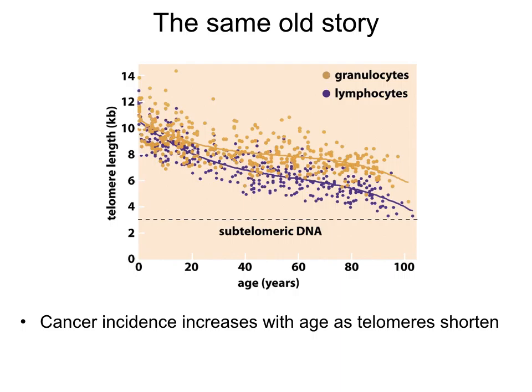So the shortening of the telomeres is our built-in proliferation limiting clock to ensure that cells can't divide so many times that they could give rise to a huge tumor.